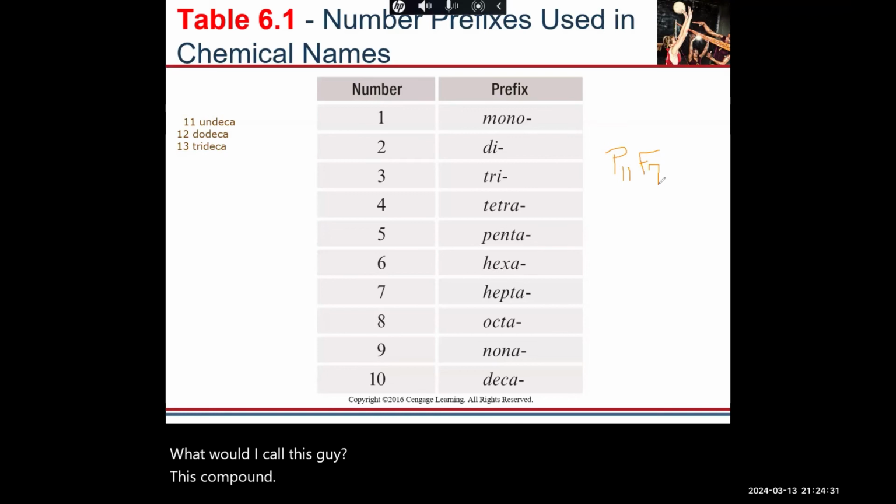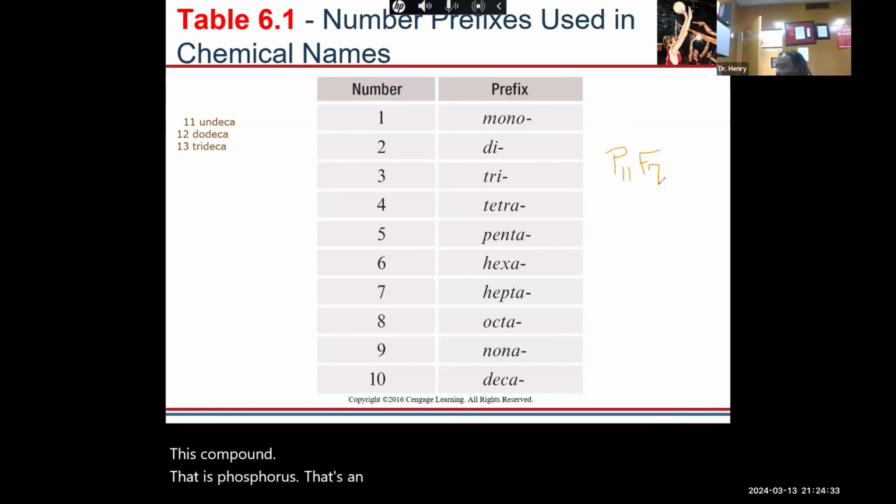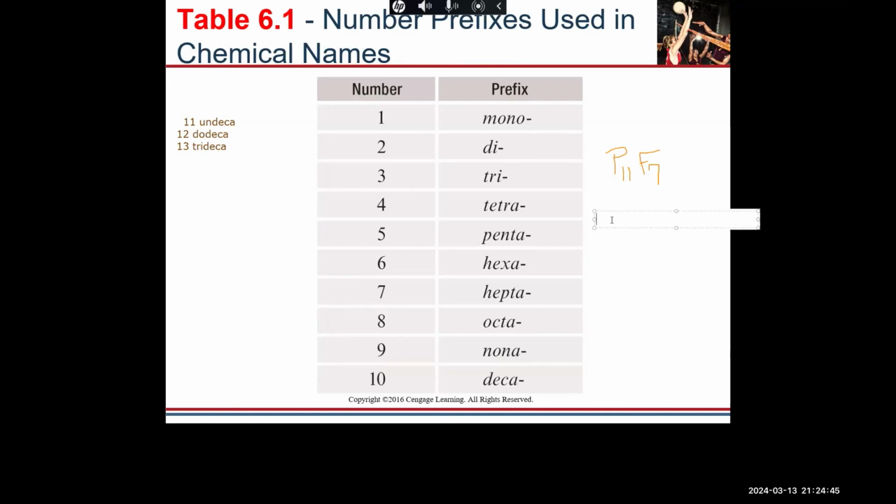That is phosphorus. That's an F. So would it be undeca phosphorus? The F is fluorine, right.